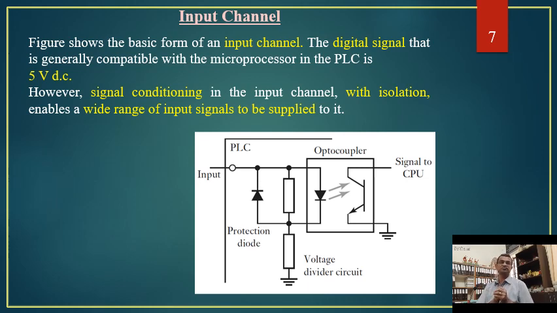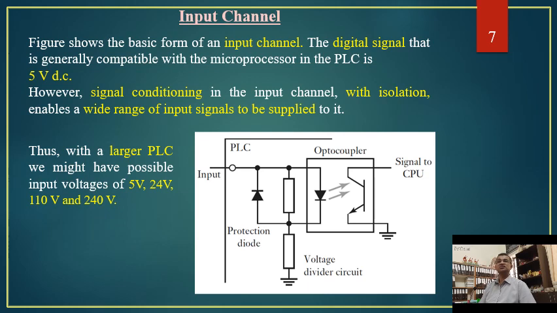So that isolation is often done by an opto-coupler. So the term used is opto-coupler. A coupler is used for coupling the signals from the CPU to output devices as well, or input devices, based on the kind of devices that are being connected to the CPU.